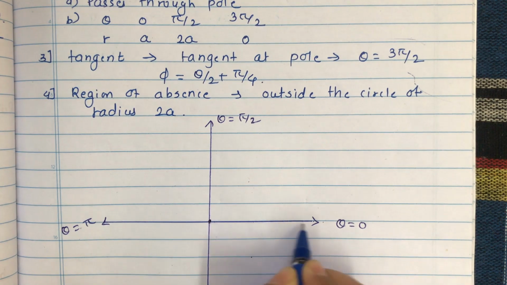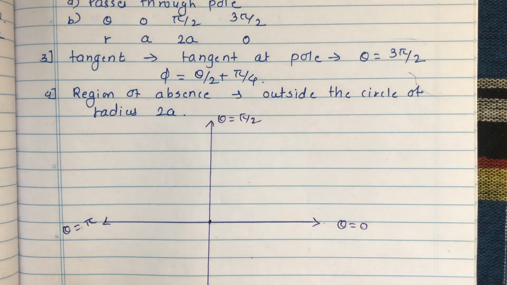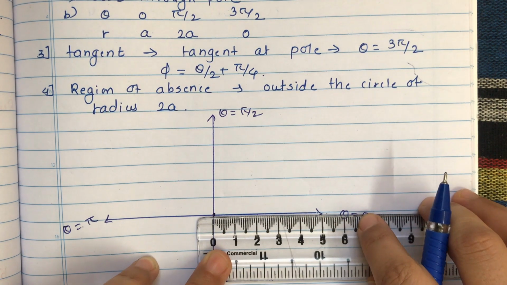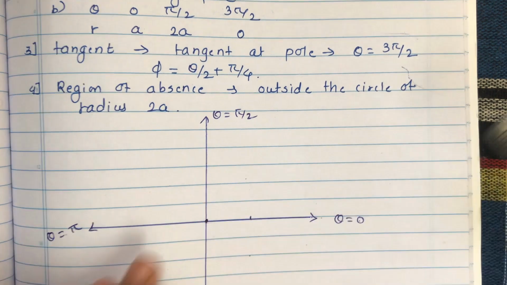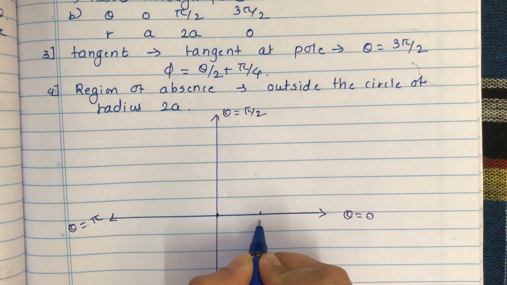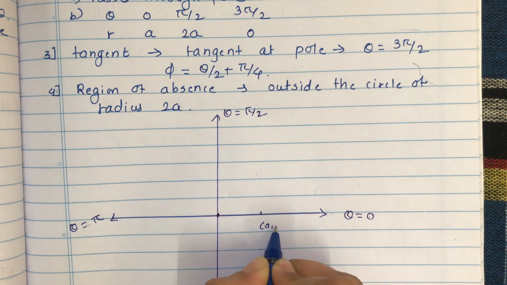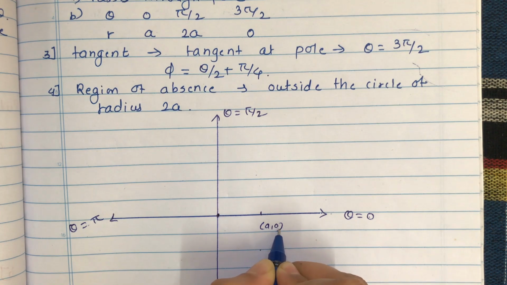So theta is equal to 0 is this line, then we will plot a on this radius vector. So this length we have taken as 2. So this will be the distance, and in Cartesian form we can write this point as (a, 0).